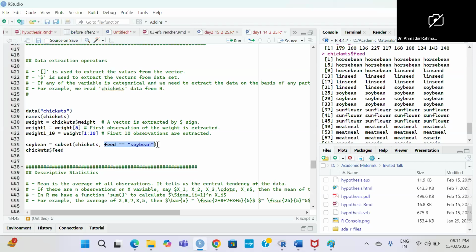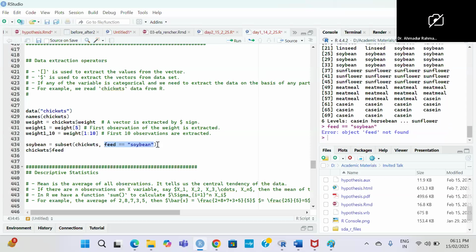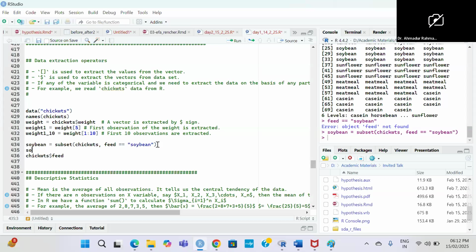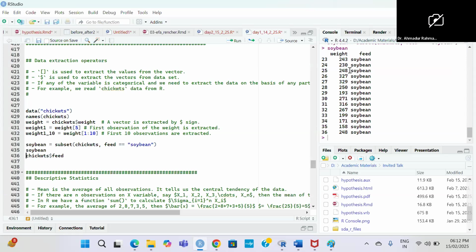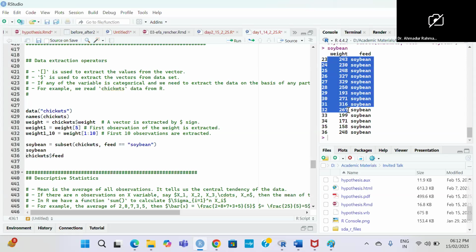Okay. Sorry, feed is not available. Then we print this data, soybean, and we see observations 23 to 36 in our data set. Chickweight is stored for soybean feed.